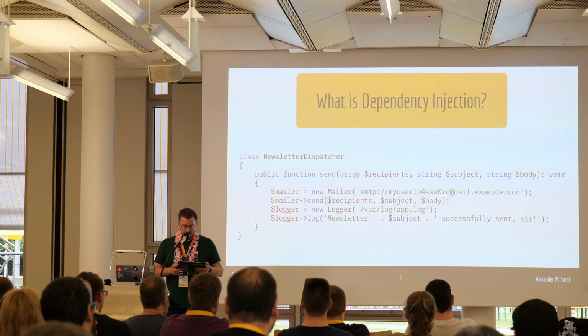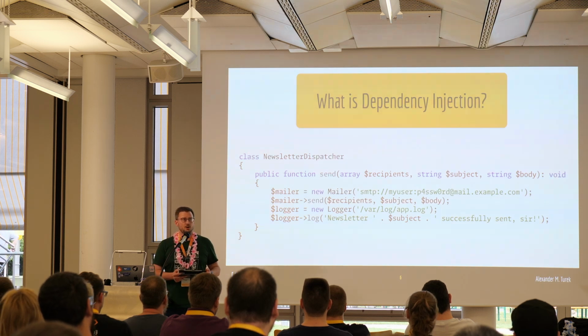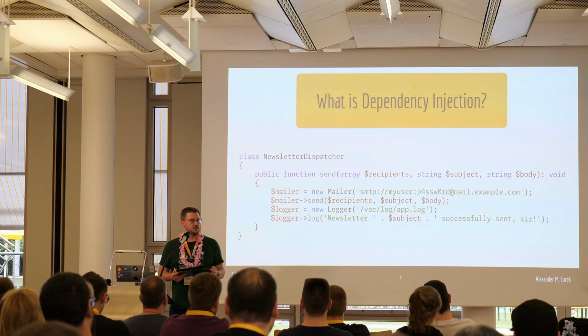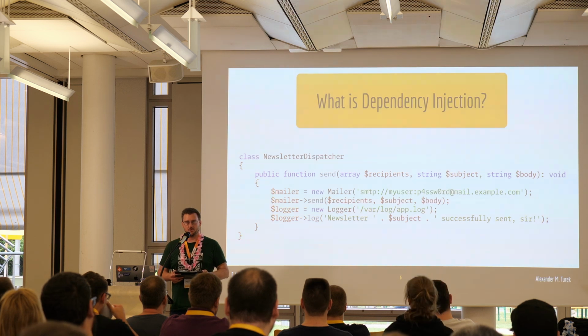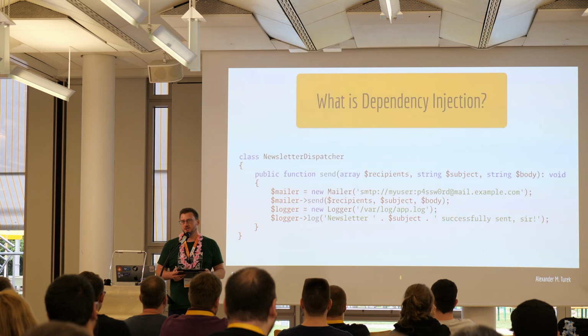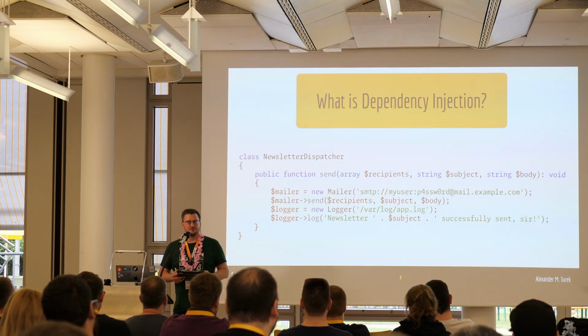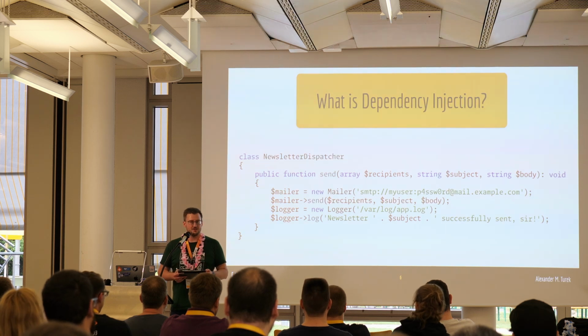So great. But what's the problem with that? Well, the problem is I need to know the exact configuration of my mailer. That's a bummer because maybe this changes in the production environment. Maybe in my development environment, I don't want to actually send emails through a production mail server.